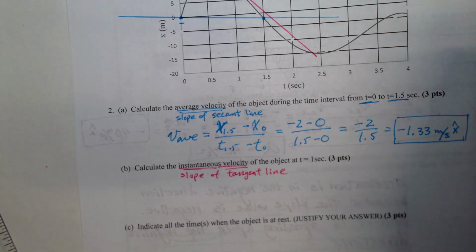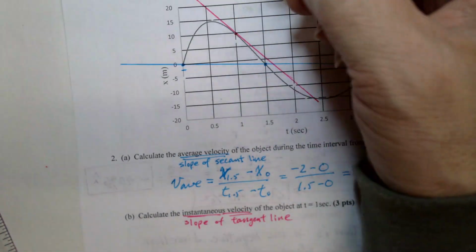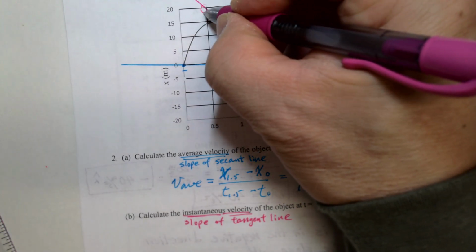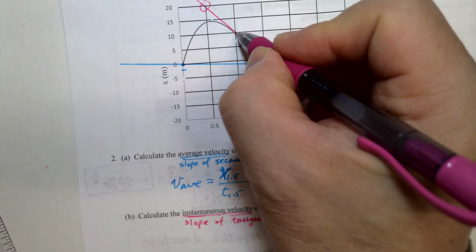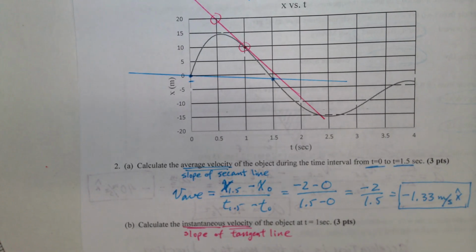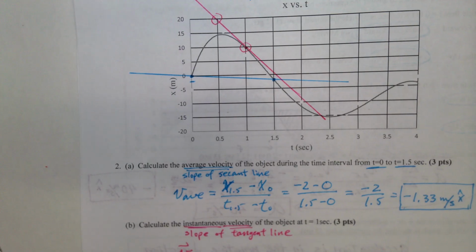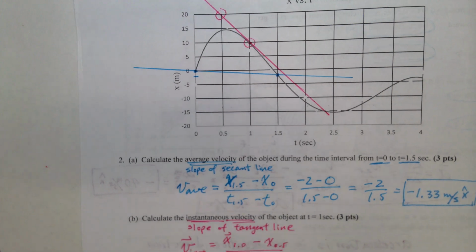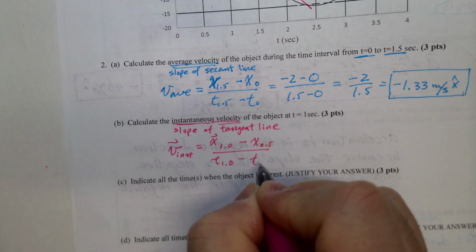Right? Then pick 2 points. I can pick probably these 2 points right here. I could actually pick this point. This looks like it's close to the grid. All right. I could pick those 2 points. So here, V instantaneous is equal to, it looks like I can do X at 1.0 minus X at 0.5 over T at 1.0 minus T at 0.5.